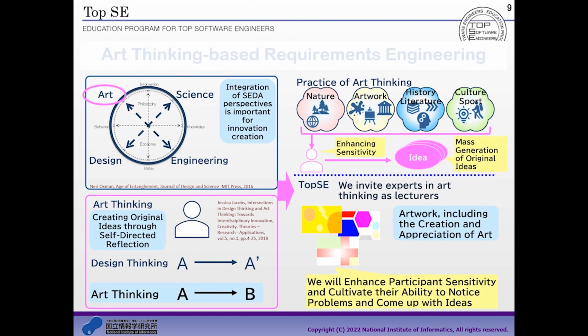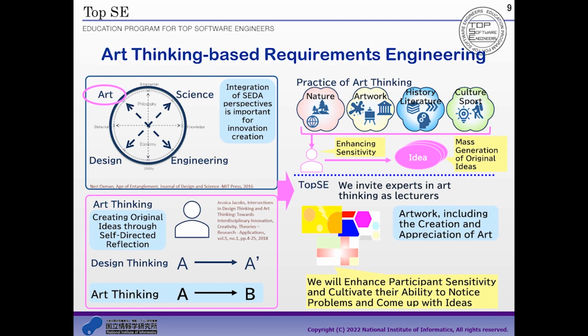Now let me introduce the art thinking-based requirements engineering course. It is said that the cycle of science, engineering, design, and art is important for enhancing creative energy. In the requirements engineering series, we have provided lectures for acquiring knowledge, skills, and user perspectives by combining science and design with a focus on engineering.